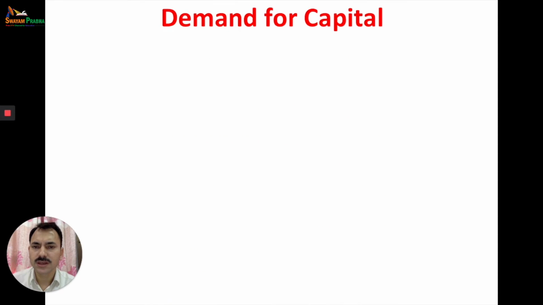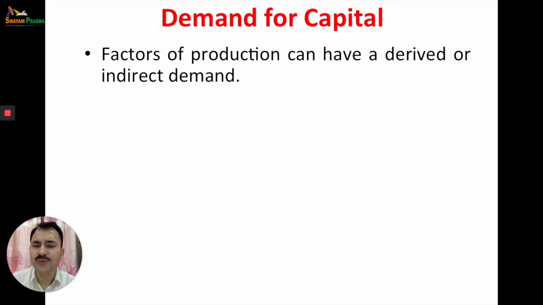You know that the demand for factors of production is derived demand. All factors of production, whether land, labor, capital or entrepreneurship, the demand for these factors of production is derived demand. By derived demand we mean we do not consume them directly.